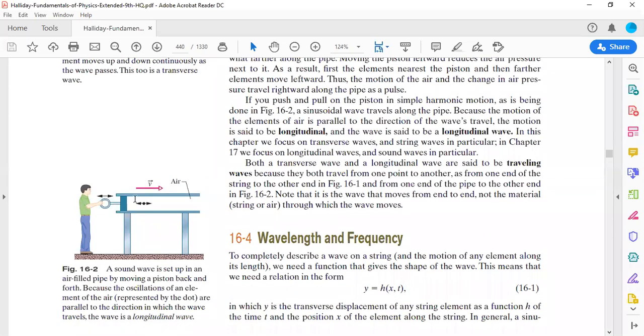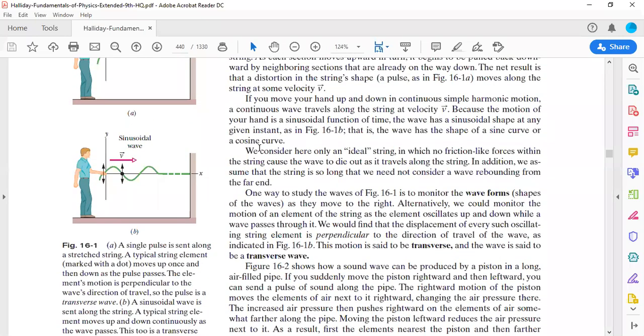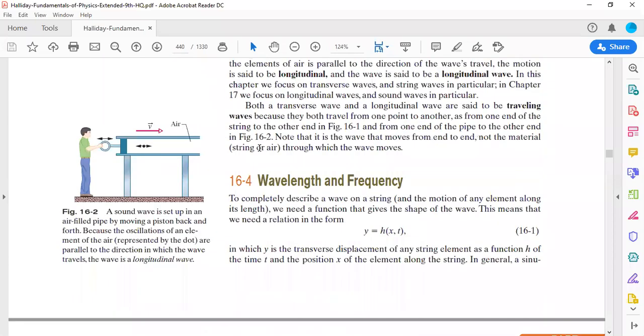In longitudinal waves, compressions and rarefactions of the medium move in the same direction as the direction of the wave, so they are known as longitudinal waves. In transverse waves, particles of the medium move in an upward, perpendicular direction to the direction of transmission, and in longitudinal waves in the same direction as the wave is transmitting.